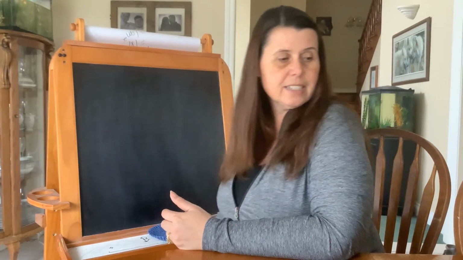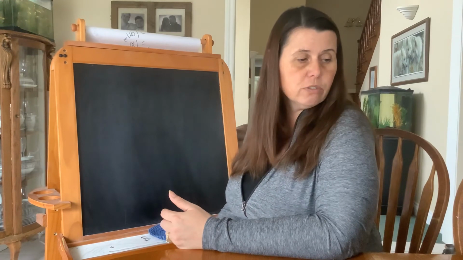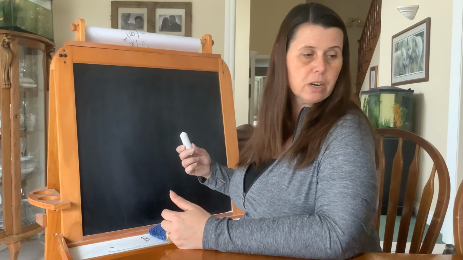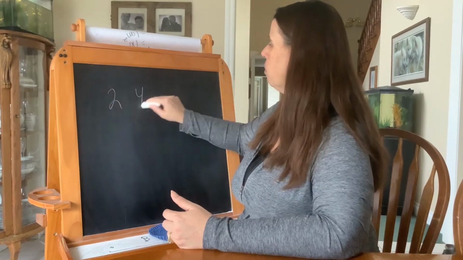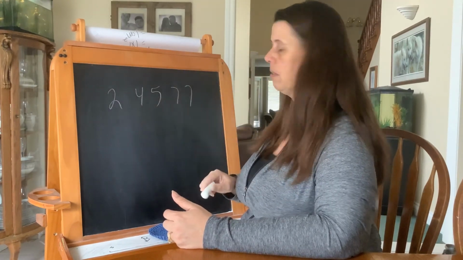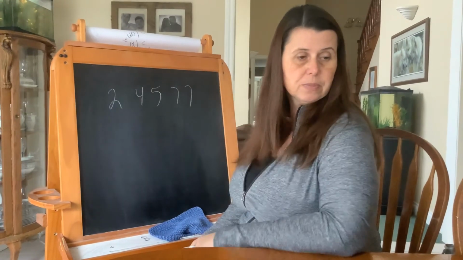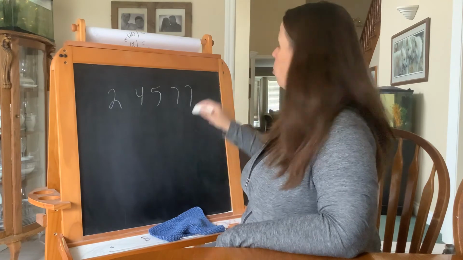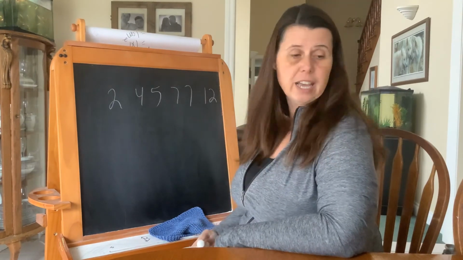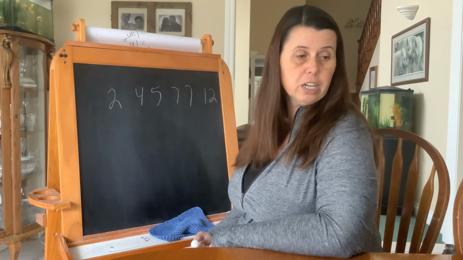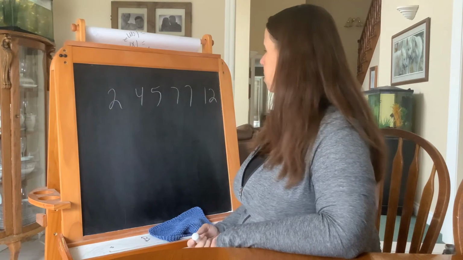6B, add a test score of 12 to your data from part A. Okay, so my data from part A was 2, 4, 5, 7, 7. That's what we solved in the last one. Now they want us to add 12 to our new data. Find the new mean, median, mode, and range. Okay, so let's find the mean.